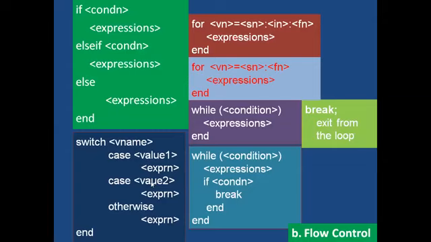Otherwise, if this value is equal, it will execute this expression. If no value is equal, it will execute this expression. So once this value is true, it will execute this expression and it will not go to the other statements, it will come out from this switch statement. Similarly, in this case also, if this is true, it will execute this expression and come out.